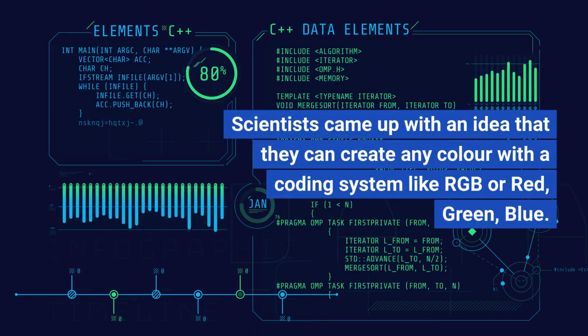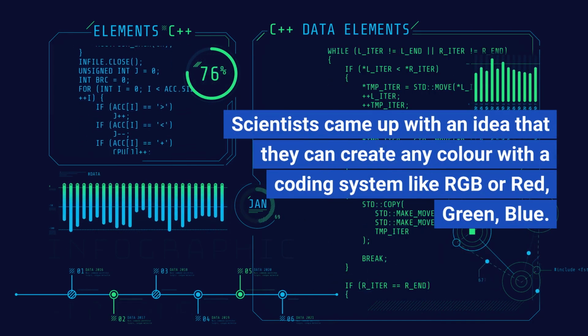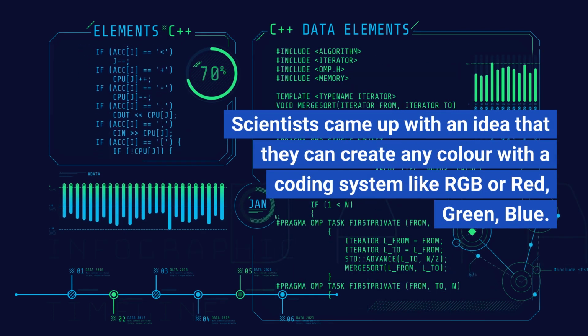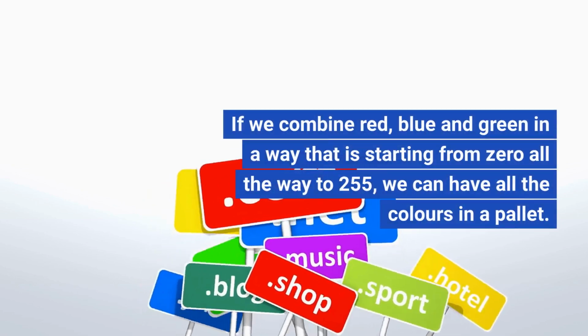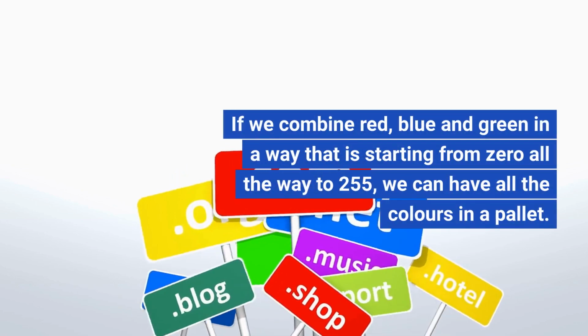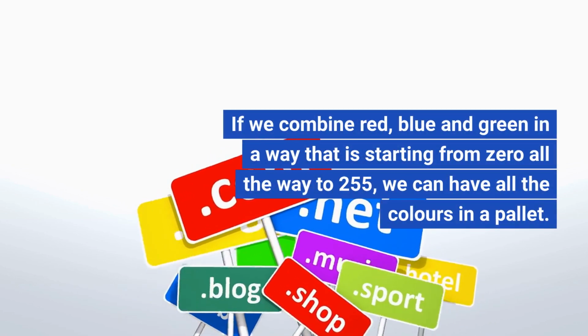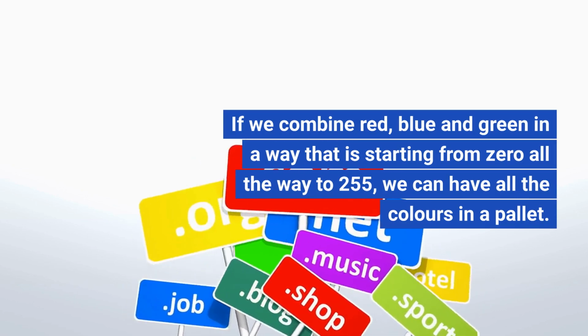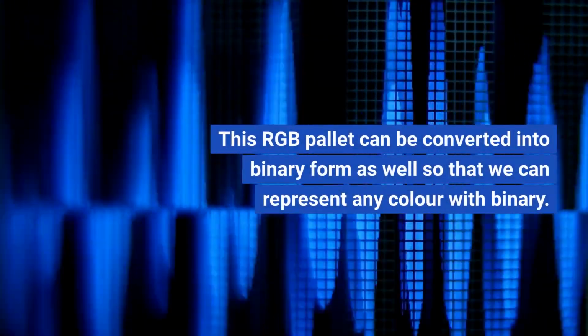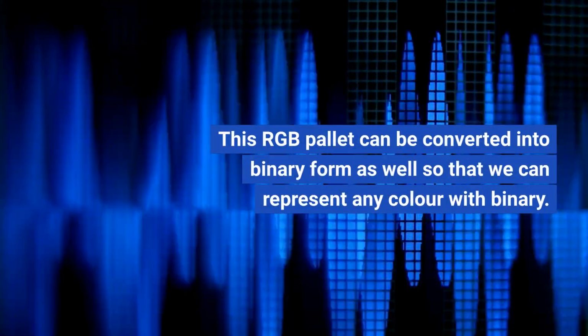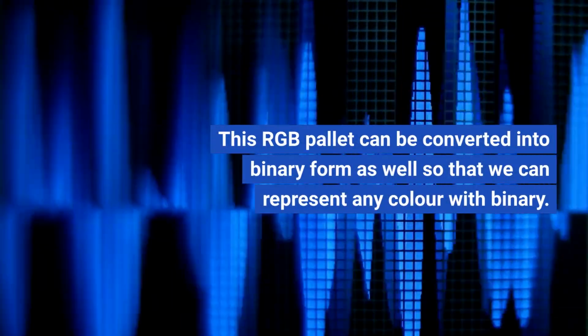Scientists came up with an idea that they can create any color with a coding system like RGB, or red, green, blue. If we combine red, blue and green in a way that is starting from 0 all the way to 255, we can have all the colors in a palette. This RGB palette can be converted into binary form as well, so that we can represent any color with binary.